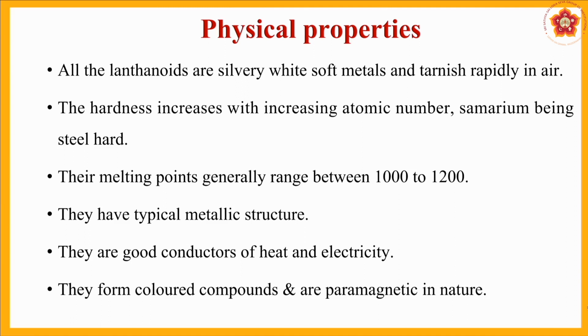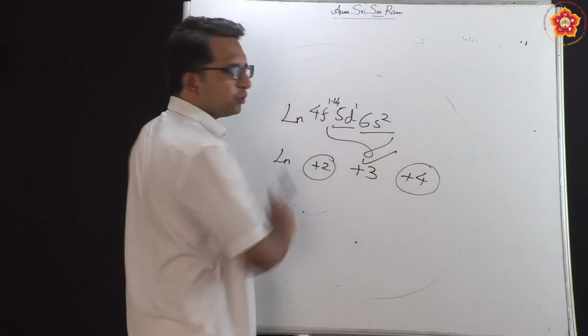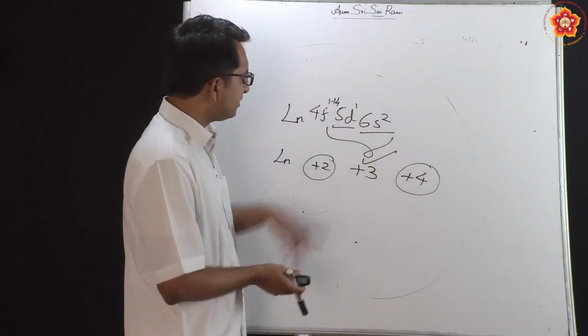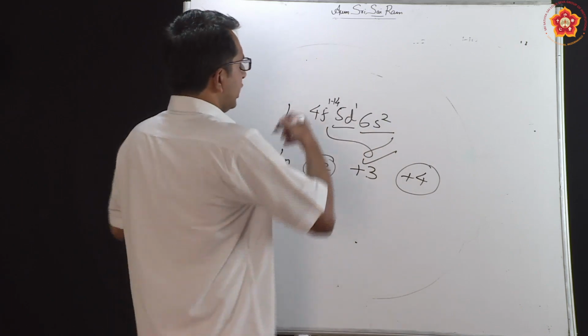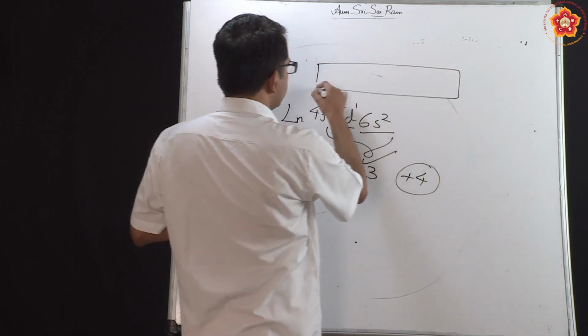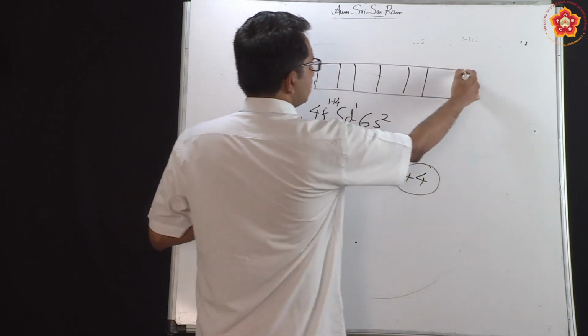They have a typical metallic structure, are good conductors of heat and electricity, form colored compounds and are paramagnetic, because from the configuration we can understand that there could be a possibility of an unpaired electron, either in d orbital or f orbital. Remember that when you have 14 electrons in the f orbital, you have 7 orbitals.